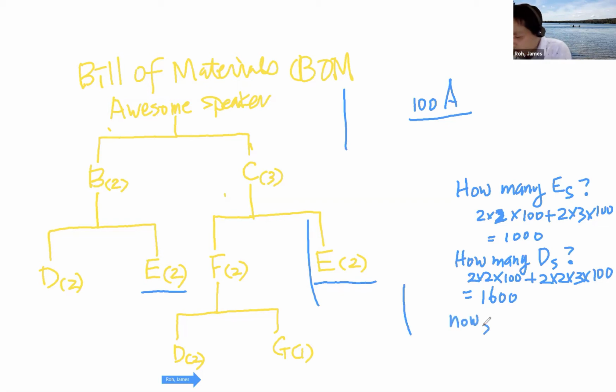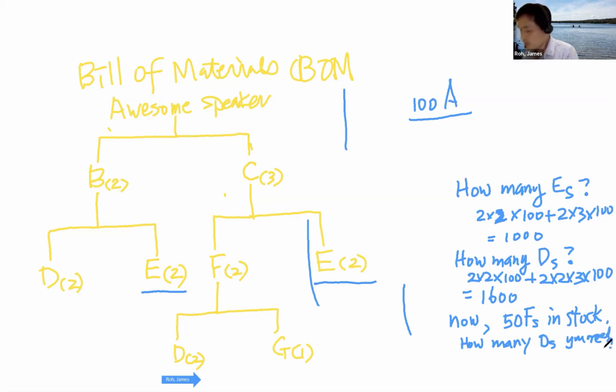Now you have 50 Fs in stock. How many Ds do you need? Okay, so you originally needed 1600 Ds.